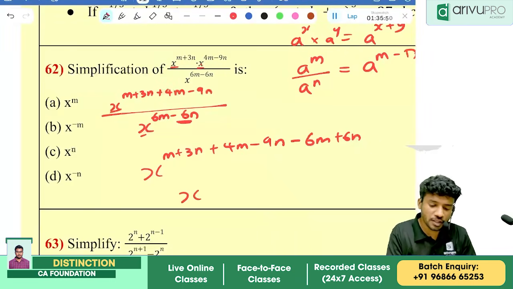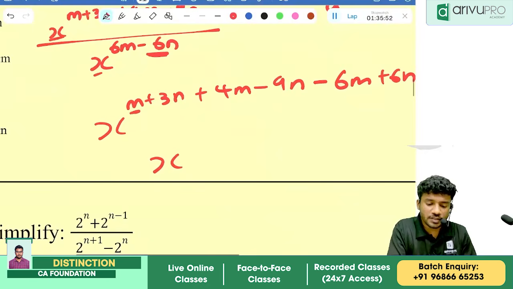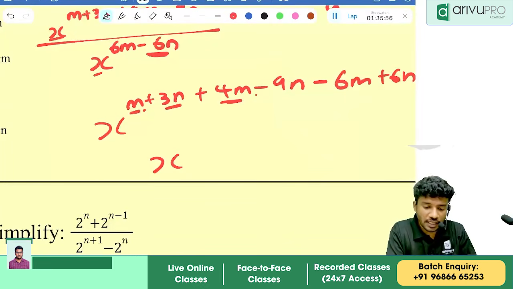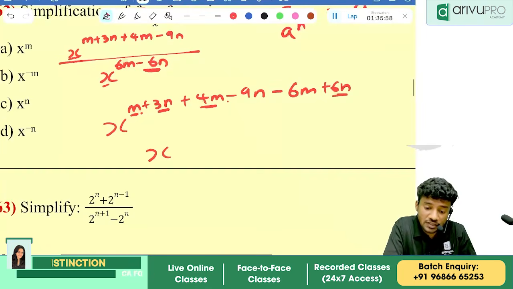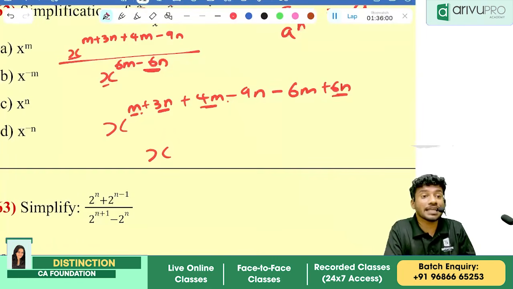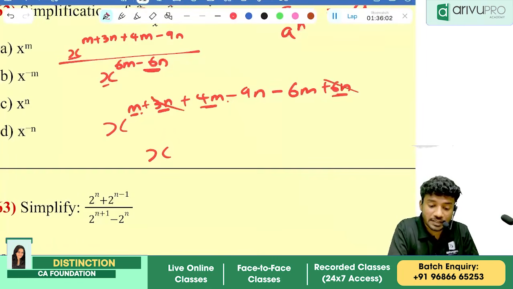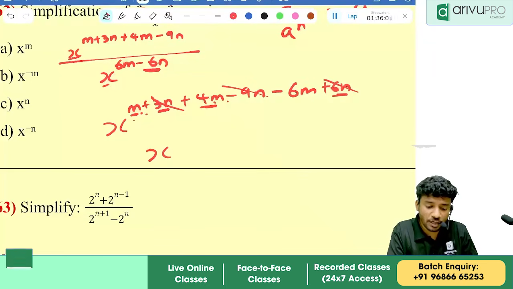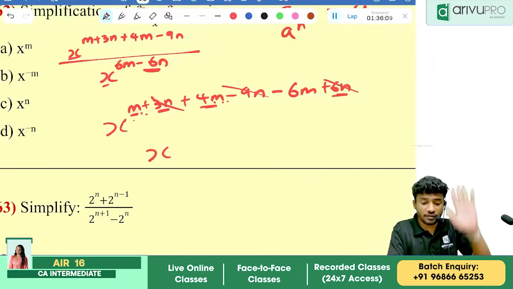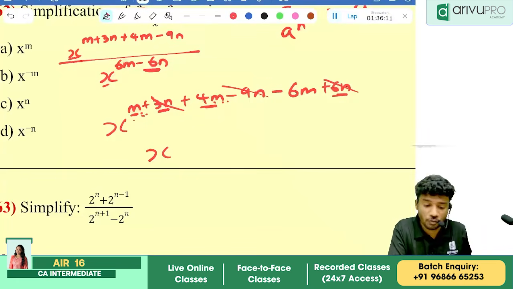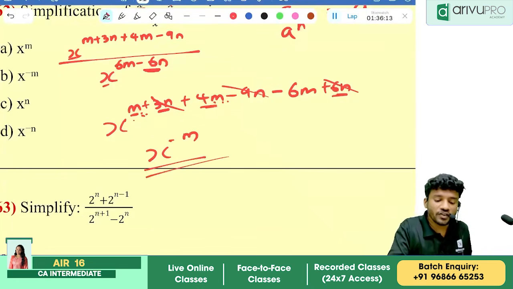X power how much? Minus m. So m is there, 4m is there. That will become how much? 5m. 3n and 6n are there. That will become 9n. Plus 9n and minus 9n will get cancelled. Then what is remaining? m and 4m will become 5m. 5m minus 6m is how much? Minus m. Very easy, right?